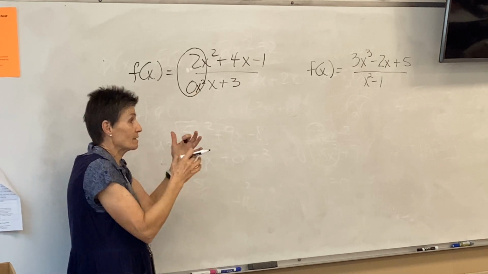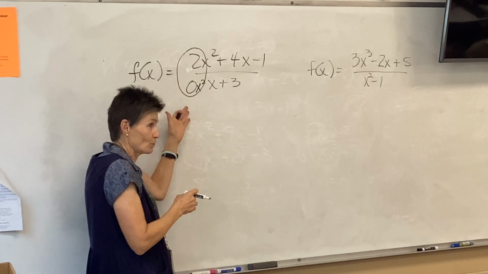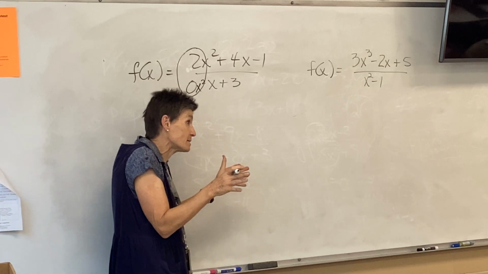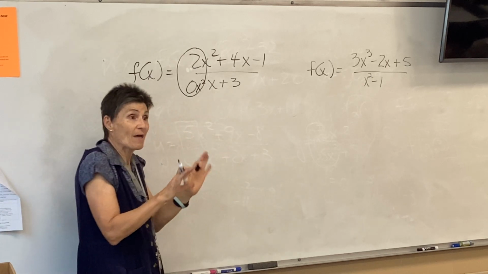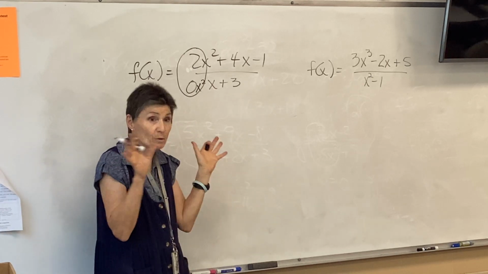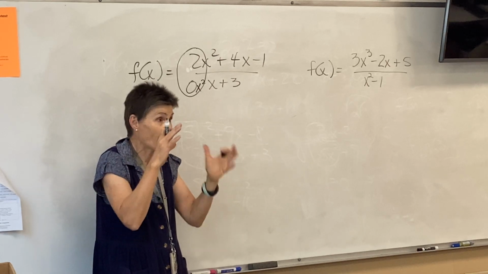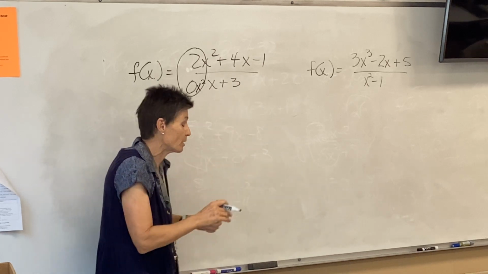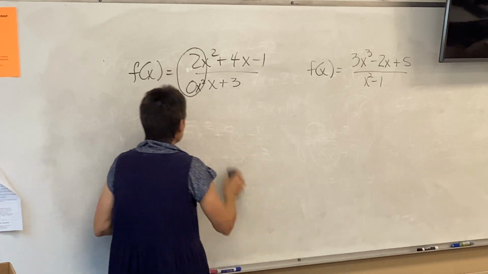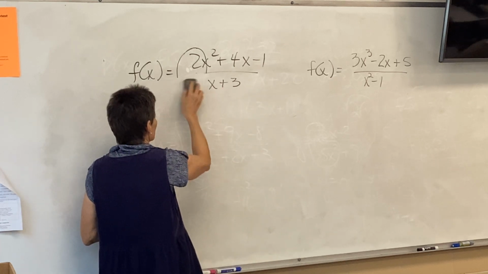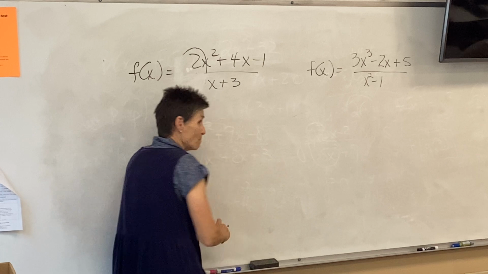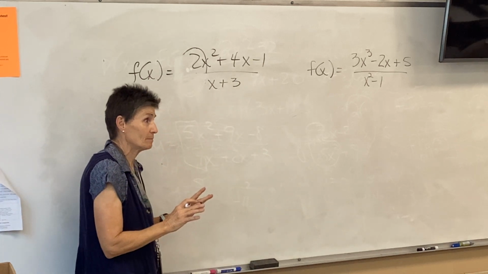So you end up with comparing 2 over 0, which of course we know is undefined. Now that means that the curve is shooting off into space. It's not approaching anything, it's shooting off into space. When the degree of the top is bigger, that's what's going to happen.